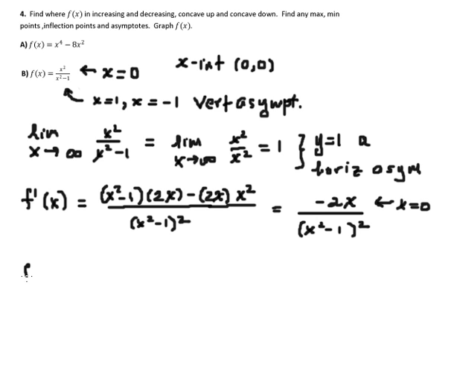So when we do our plus minus analysis of f prime, we put on the number line the zeros of the numerator and denominator. Okay, so that would be plus or minus 1 for the zeros of the denominator, and x equals 0 for the numerator.